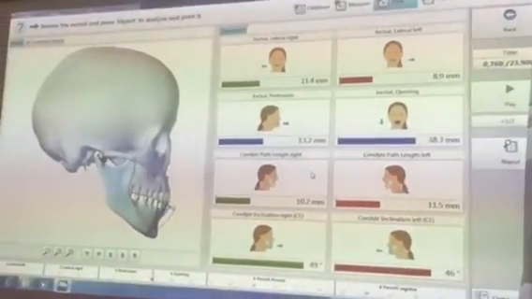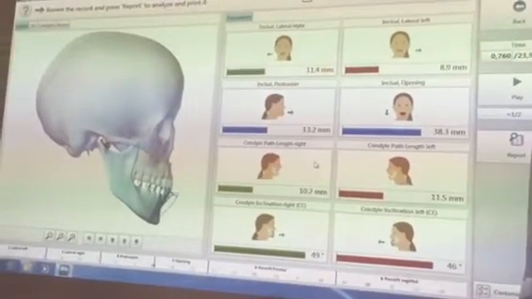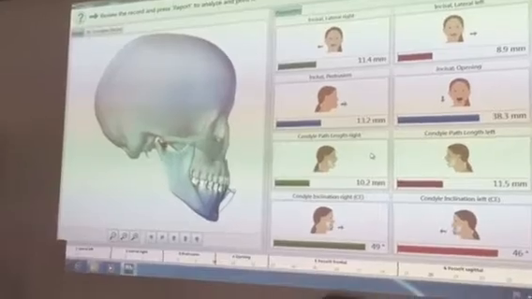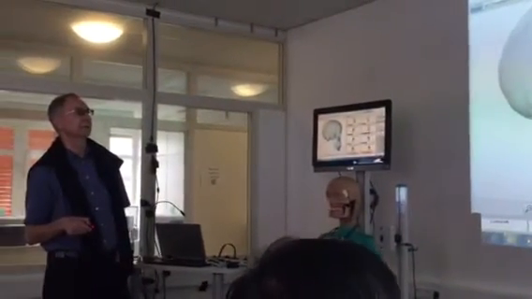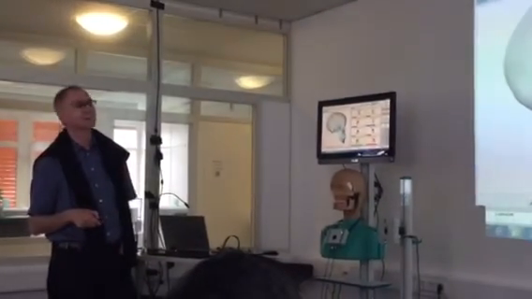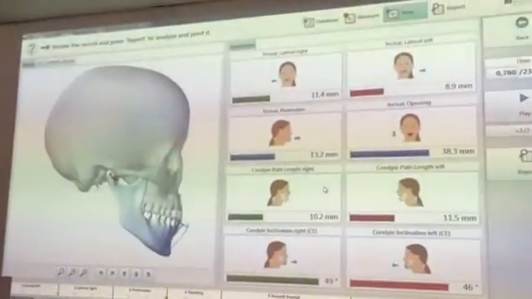I can see the movement to the left and the right side. Is there any limitation in the joint? For example, on one side I have 11 millimeters, on the other side 10 millimeters, and I also see the condyle inclination angle.